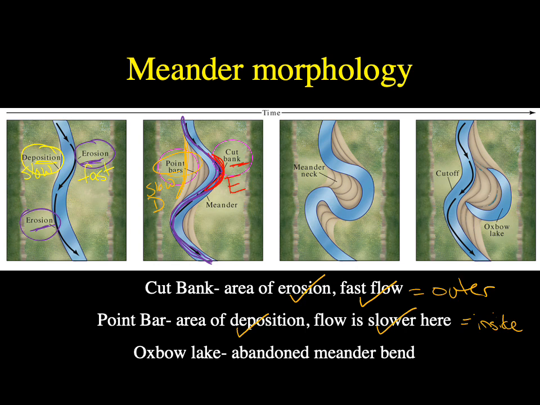Over time, as rivers continuously flow, they will keep moving towards their cut banks. And what happens is that the meander actually gets more sinuous, right? More meandering, more snaky, more curved over time.